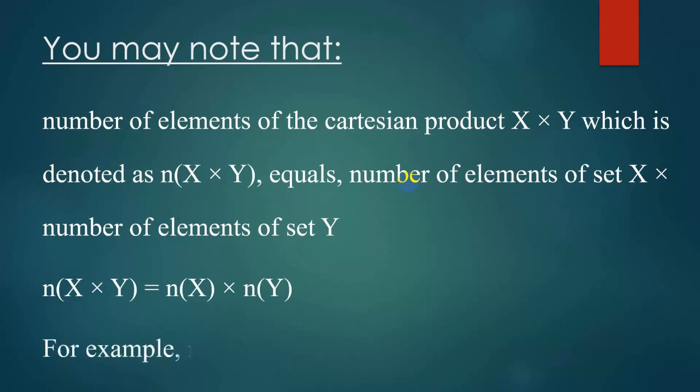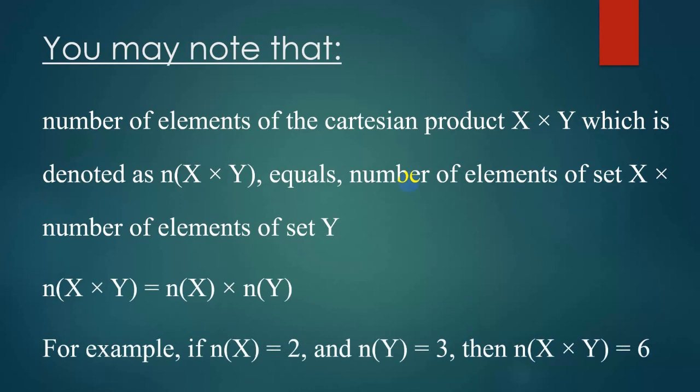For example, if n of x equals 2, meaning that x has only 2 elements, and n of y equals 3, meaning that set y has only 3 elements, when we find the Cartesian product x cross y, it will give us 6 ordered pairs. Then n of x cross y equals 6.